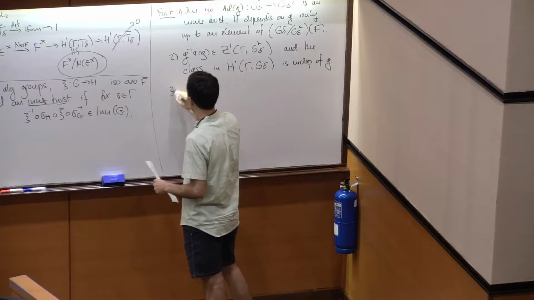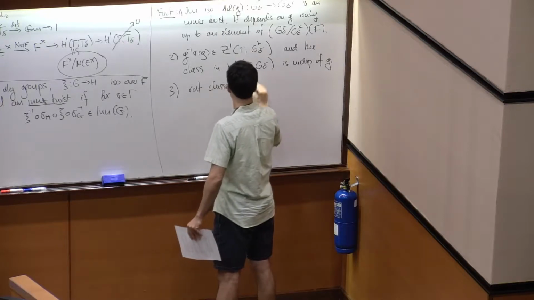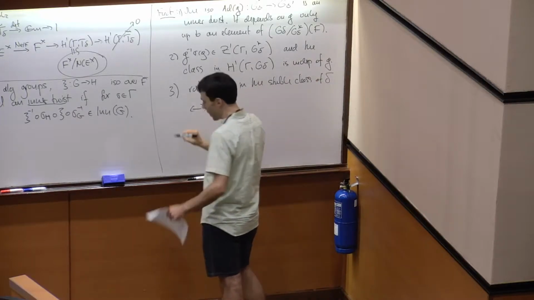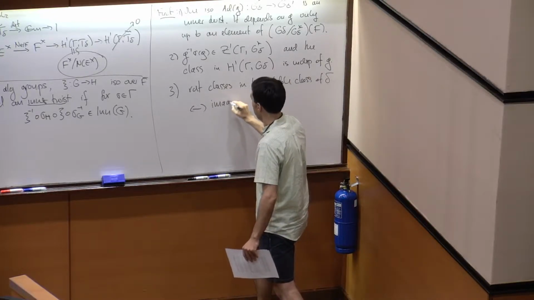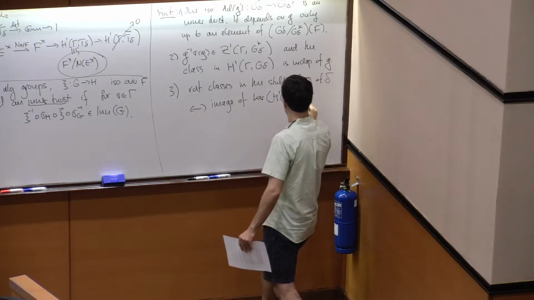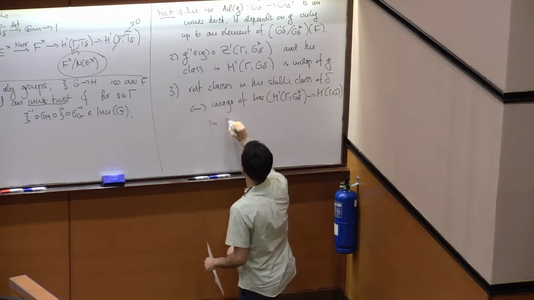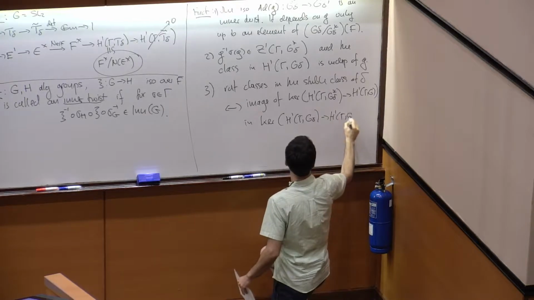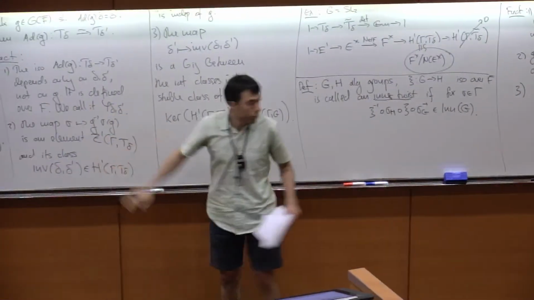All right, and finally, the set of rational classes in the stable class of delta is in bijection with, well, not just one kernel, but actually the image of the kernel of H1 of G delta star to H1 G in the kernel of H1 Galois G delta in H1 Galois G. Okay, so this is the analog of this fact for general elements.